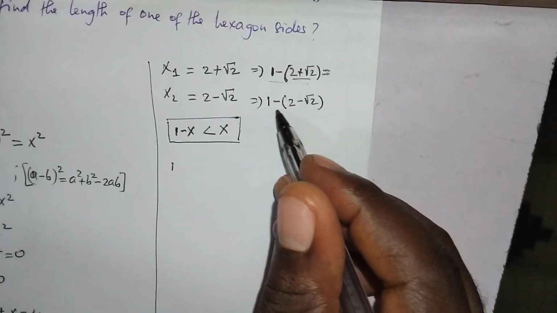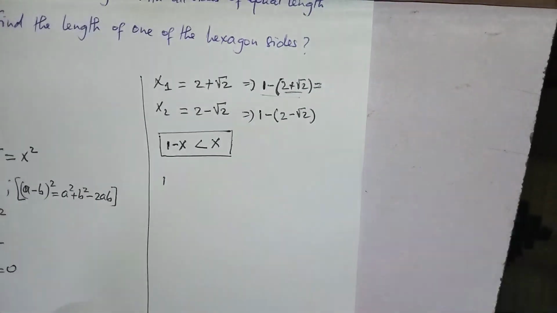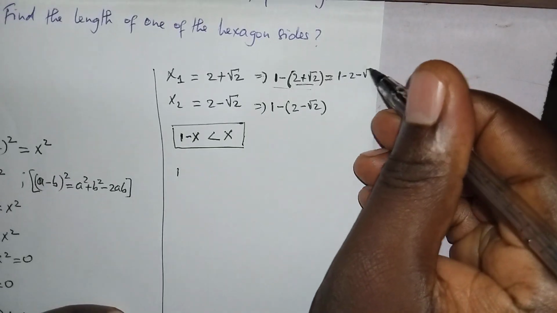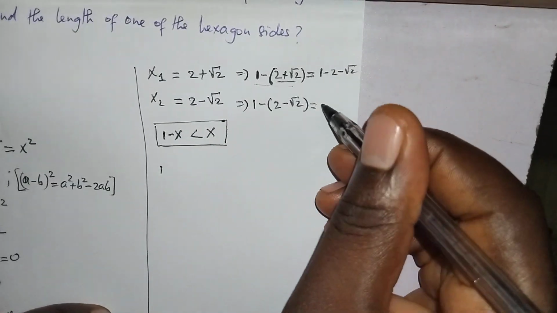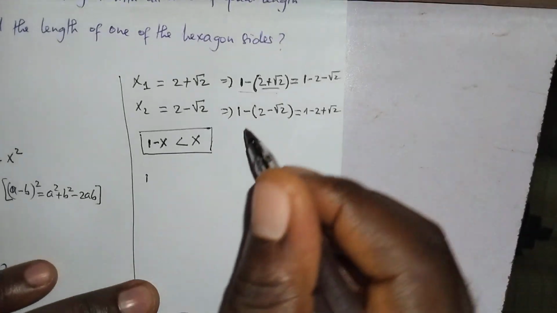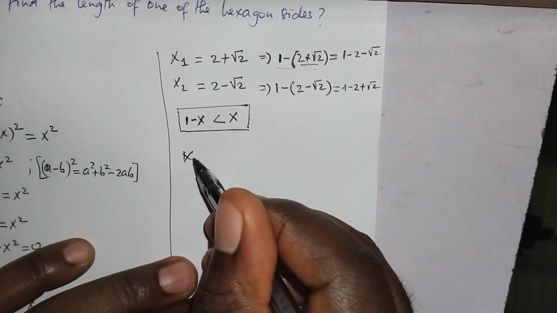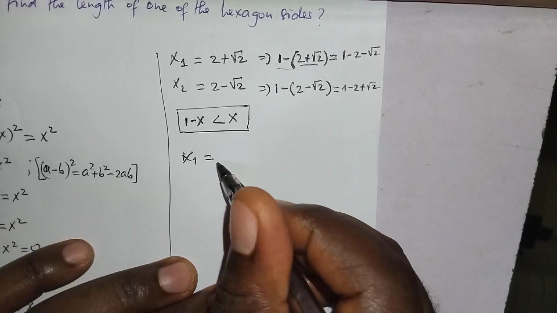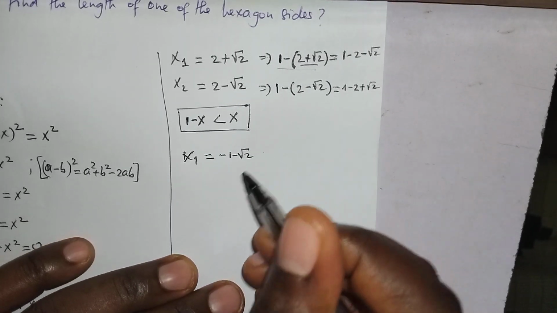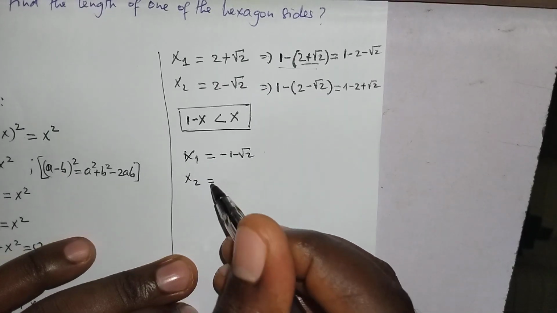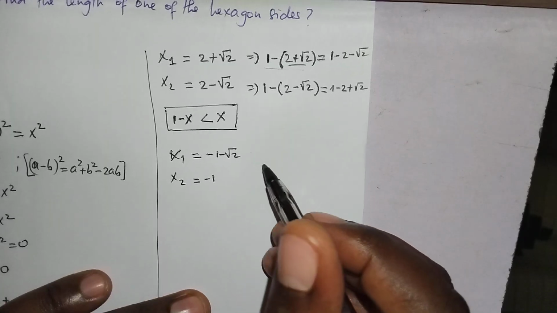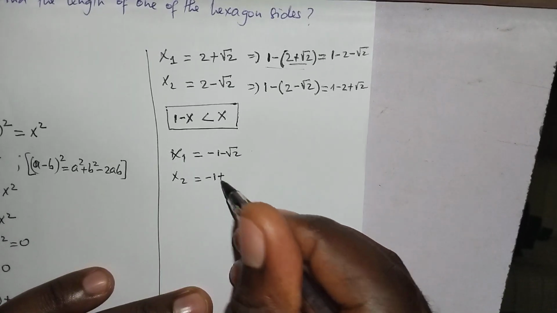Let's do it easy: 1 minus 2 minus square root of 2, and here 1 minus 2 plus square root of 2. So for x1 it is minus 1 minus square root of 2. For x2 it is minus 1 plus square root of 2.